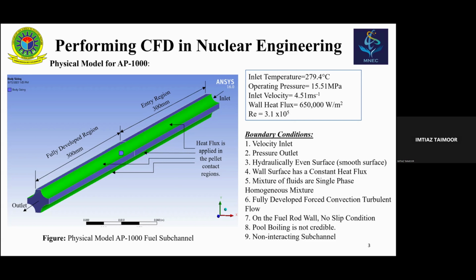So suppose I am considering just a fluid flow through a pipe, with no heat transfer involved. In that case, we just use conservation of mass and conservation of momentum. We don't use conservation of energy in that case. But in the case of a reactor fuel subchannel, can you exclude the heat part?